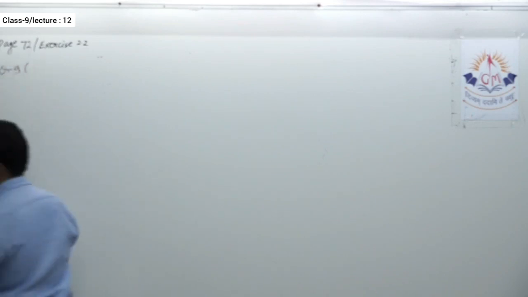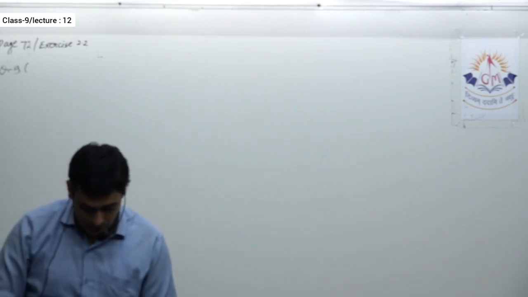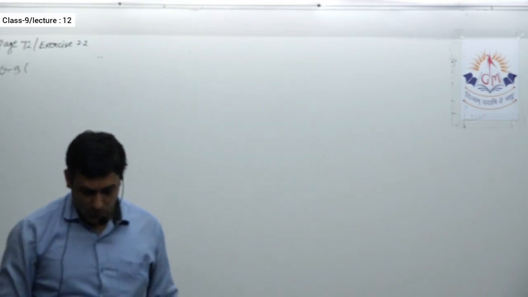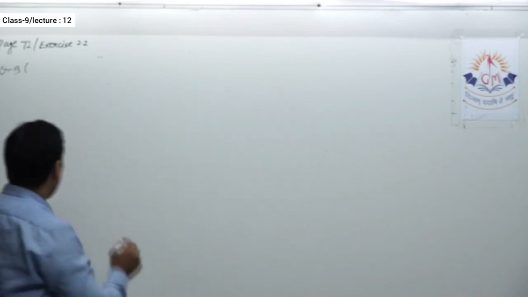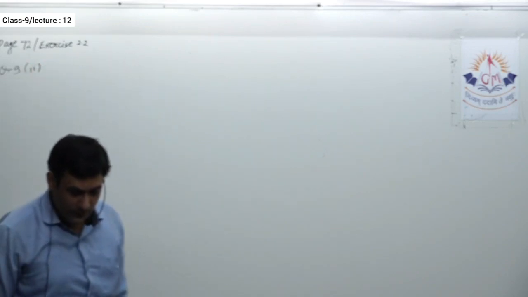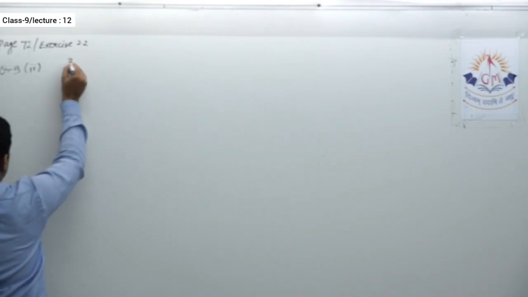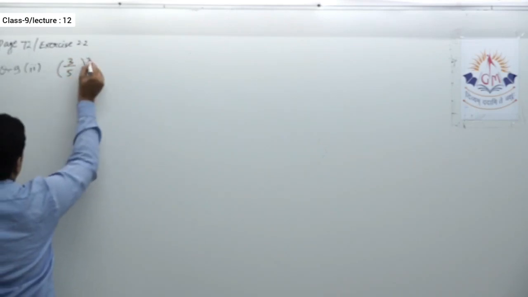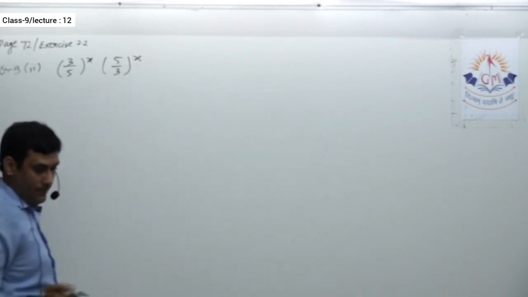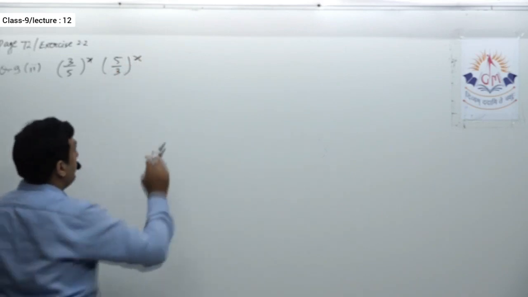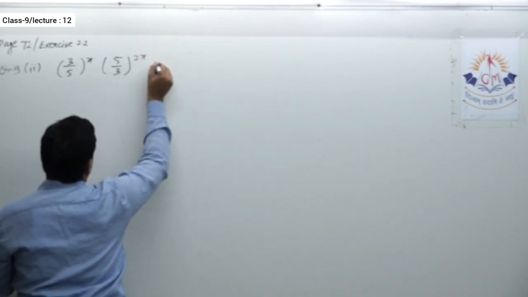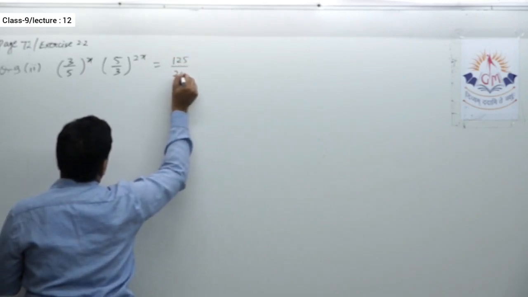Question 9, and there are three parts of that, so I'll go for the second one. Again here we have to find the value of x. The given expression is 3 upon 5 raised to x multiplied by 5 upon 3 raised to 2x is equal to 125 upon 27.